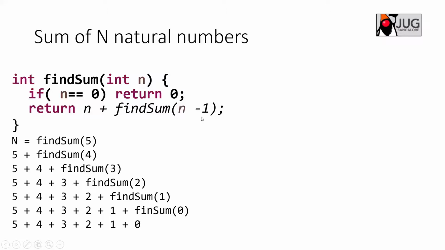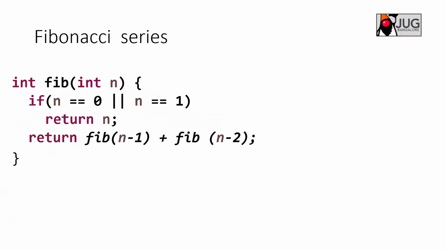How can you make this tail recursive? You can execute find sum first and then add n. But that makes the logic a bit difficult because you have already decremented n here. Or you can still do that: find sum of n minus 1, then add n. That is also doable.